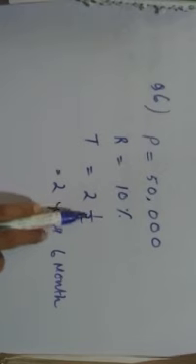That means 2 and half we can write as 2 years and 6 months. In the formula we always have to use years.